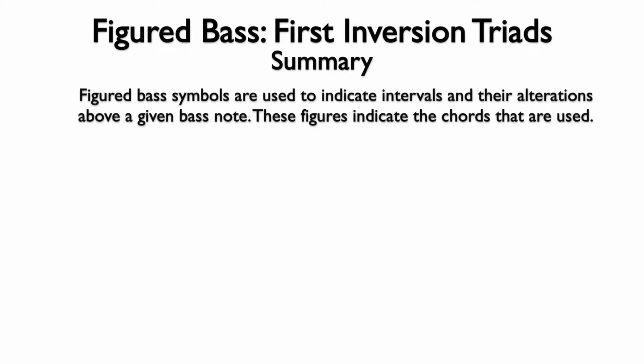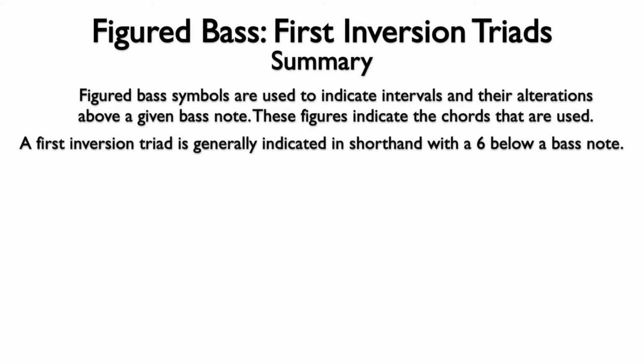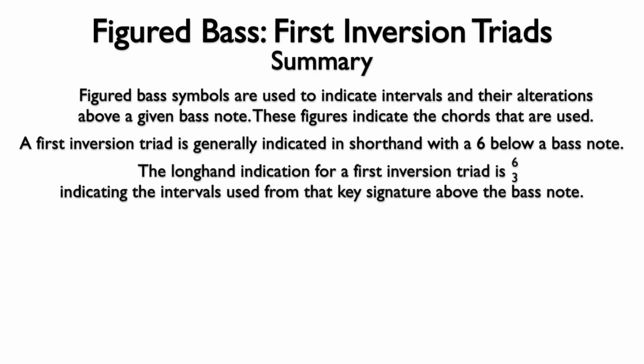Figured bass symbols are used to indicate intervals and their alterations above a given bass note. These figures indicate the chords that are used. A first inversion triad is generally indicated in shorthand with 6 below the bass note. The longhand indication for a first inversion triad is 6-3, indicating the intervals used from that key above the bass note.